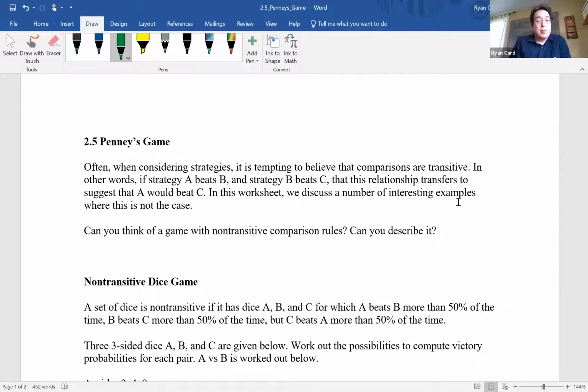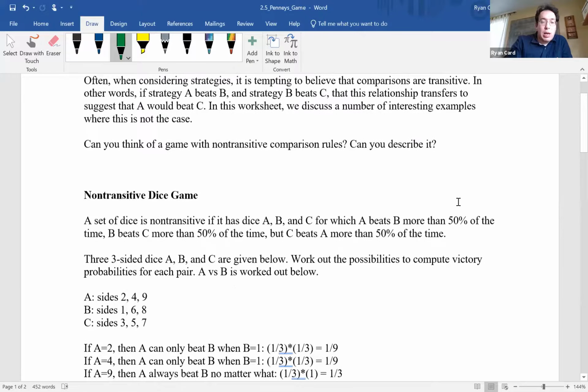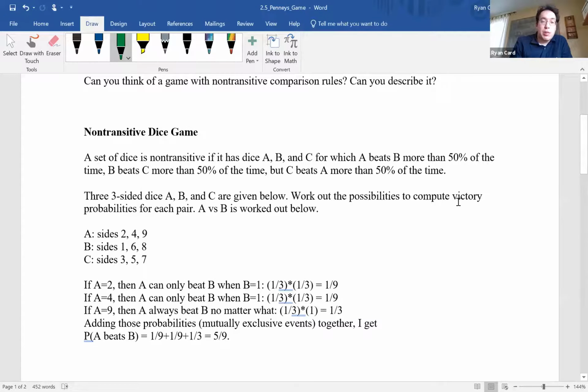It turns out that this doesn't have to be true with dice or something that has a probabilistic component. An example of non-transitive dice is as follows. Let's say you have 3 different dice, with different numbers written on the sides.